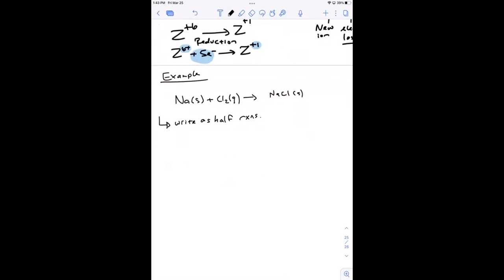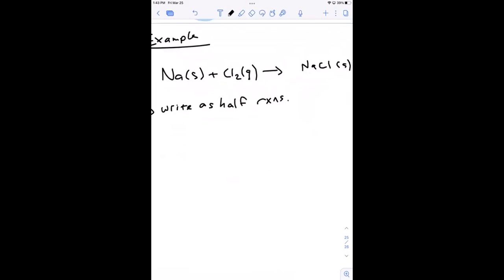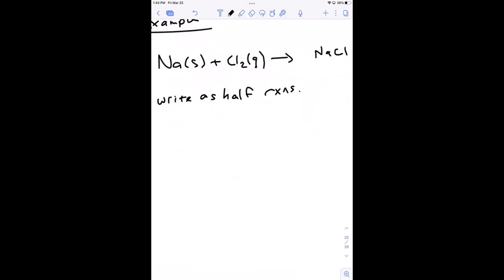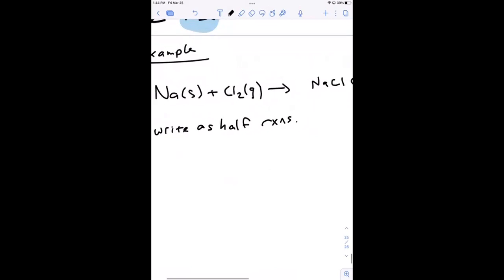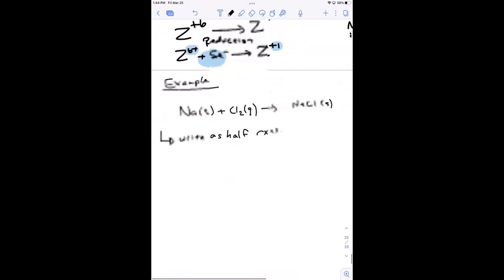We're going to take this and split this into two different pieces. One of them is going to be the oxidation and the other is going to be the reduction. But first, let's balance this. Is this balanced? That's always the key. If you don't balance the equation, all the numbers, all the calculations, everything is going to be thrown off. So you've got to balance it before you do anything else to it.